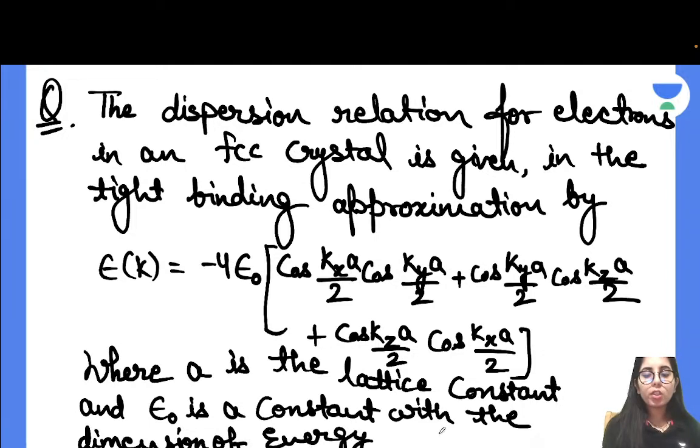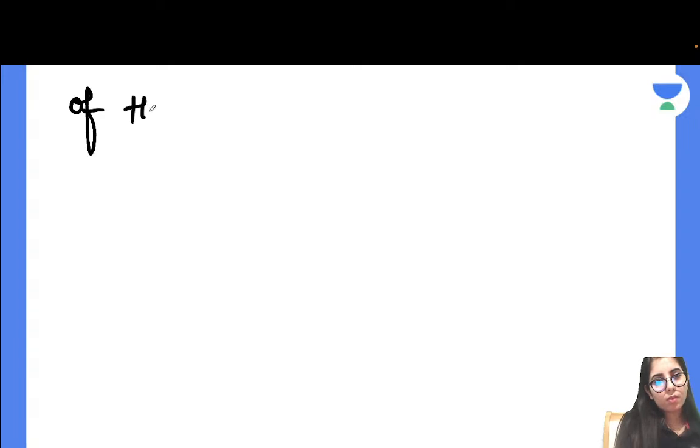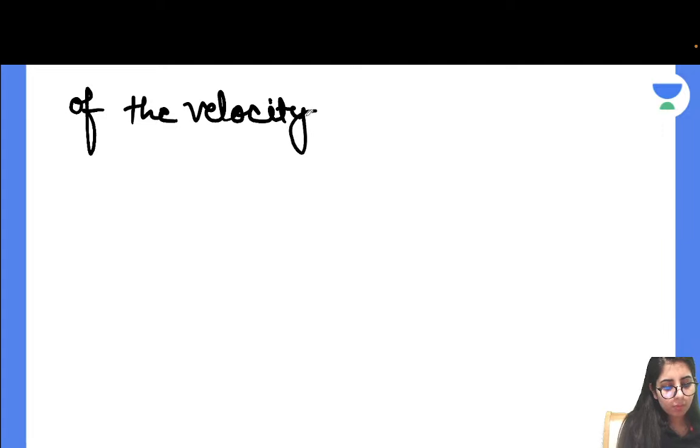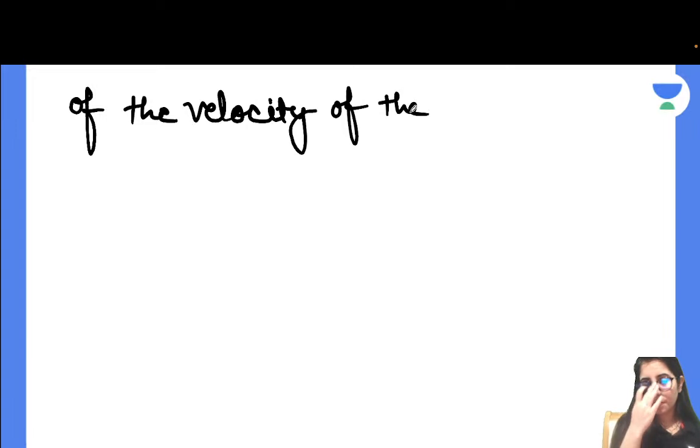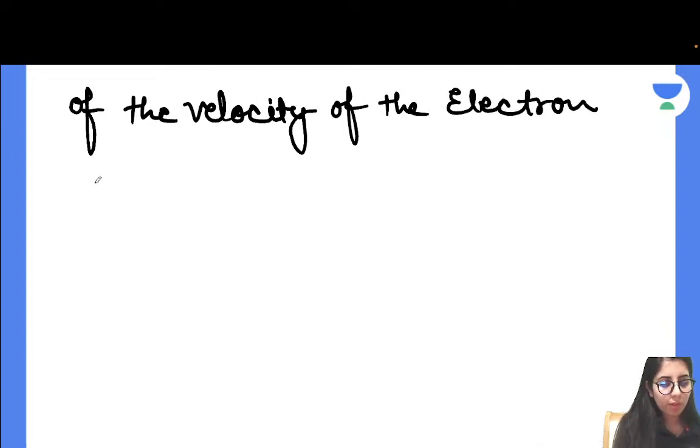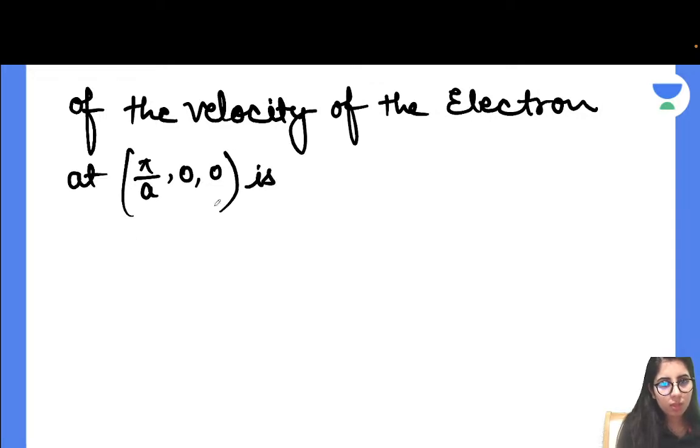The x component of the velocity of the electron at pi by a, 0, 0 is.